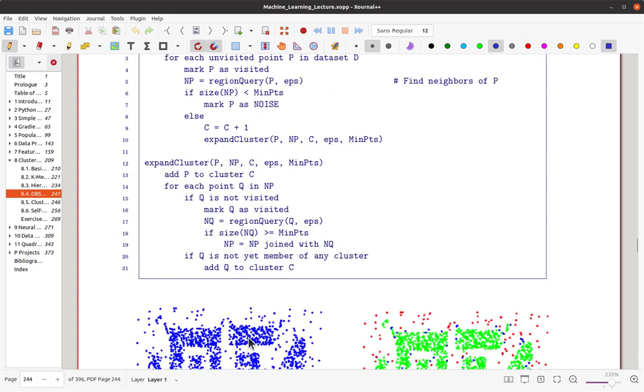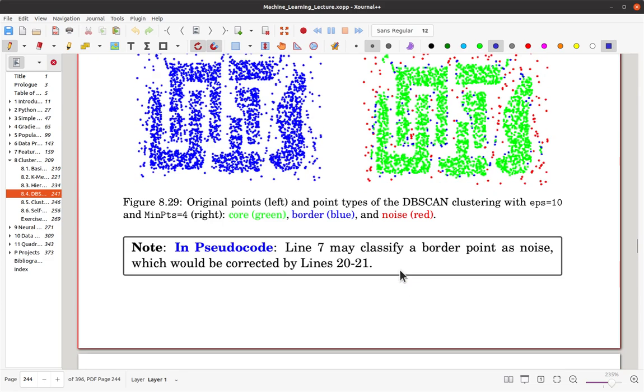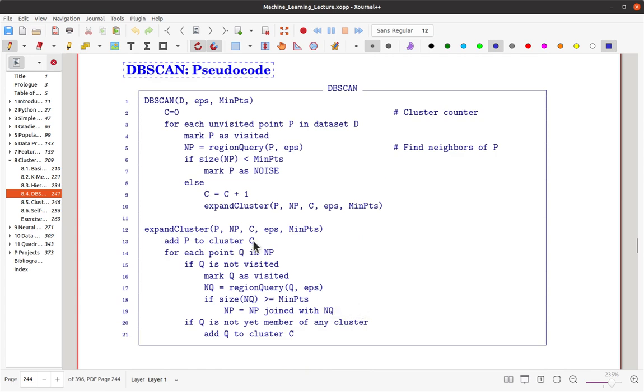Okay, here, before considering this picture, let's see this one. Right now, if the number of points in the neighborhood is less than M, then mark P as noise, so this line may assign noise even though it is reachable.